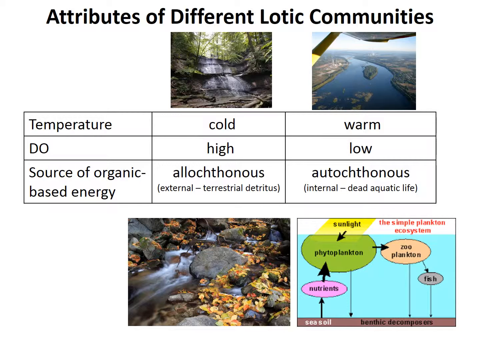That is what's setting off the food chain, either through the direct consumption of those organisms or even through the decomposition of dead aquatic life. The two terms that we need to be familiar with here are allochthonous, which refers to an external source of energy, which is more common in the headwater streams, and then autochthonous, meaning internal, self-created.